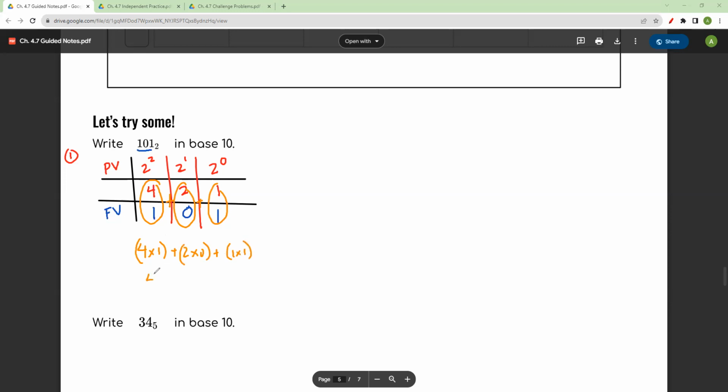So that comes out to be 4 plus 0 plus 1, which equals 5. And so we could say that 101 base 2, or 101 in binary code, equals 5 in base 10. That would be our answer.